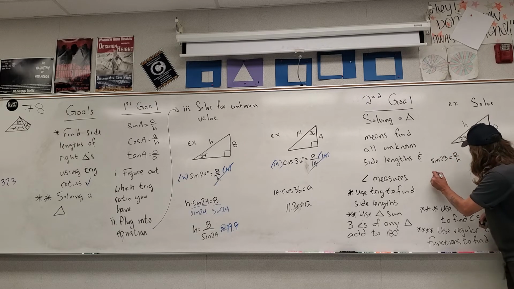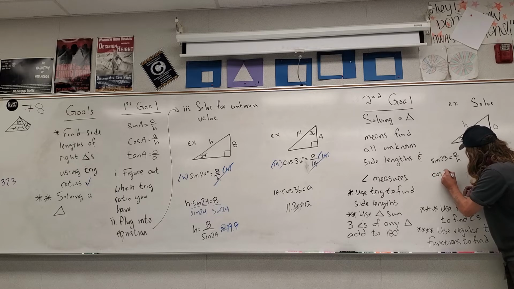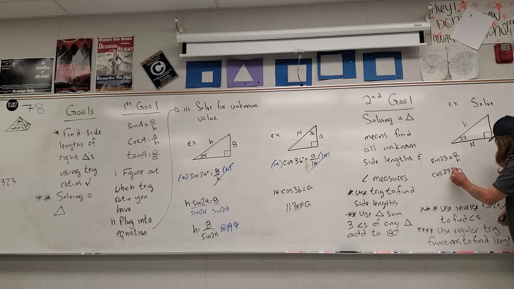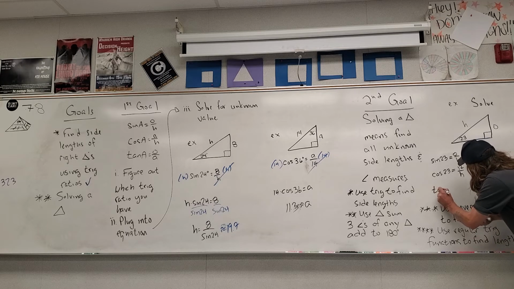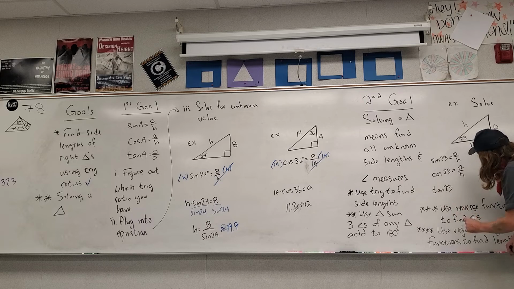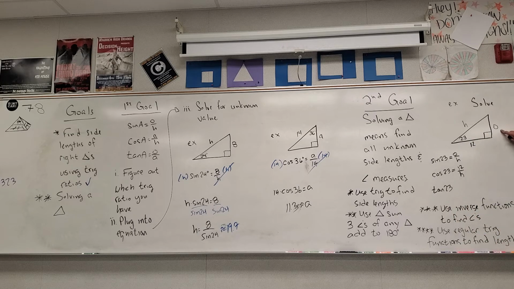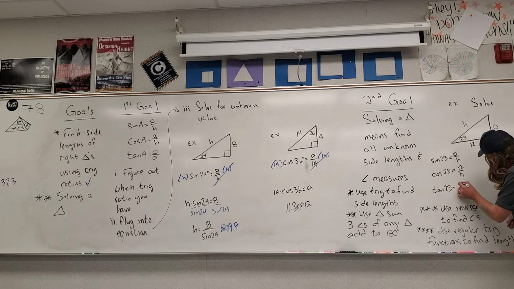You could say cosine of 23 is equal to the adjacent length, which is 12, divided by h. Or you could say the tangent of 23 is equal to the opposite length divided by the adjacent length, which is 12.